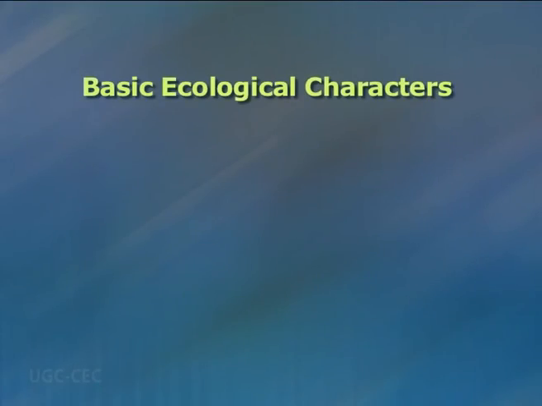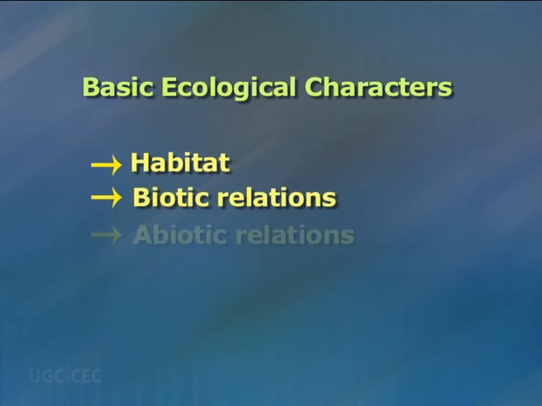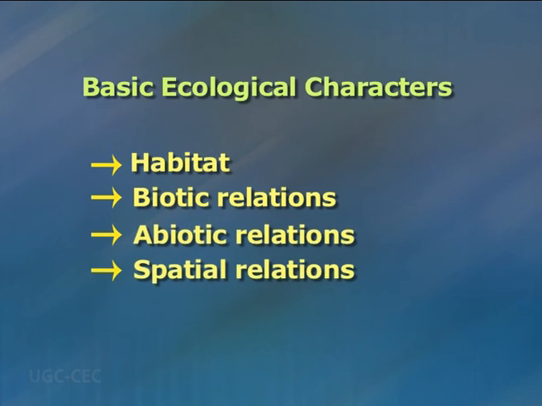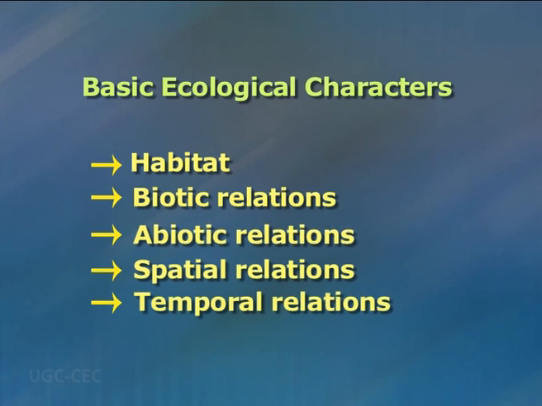Some of the basic ecological characters include habitat, biotic relations, abiotic relations, spatial relations, and temporal relations. Ecological evidences prove helpful in understanding the distribution of taxa, variation within taxa, and adaptation of plants. These evidences have also been used for providing an explanation about the origin of the flowering plants and also about the development of classification of several taxa.